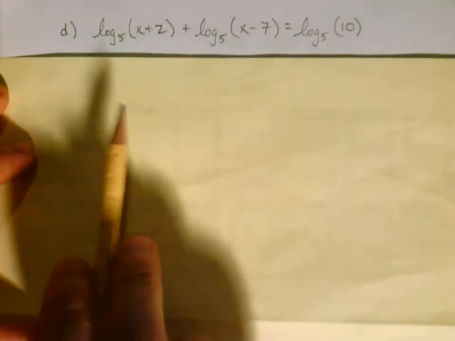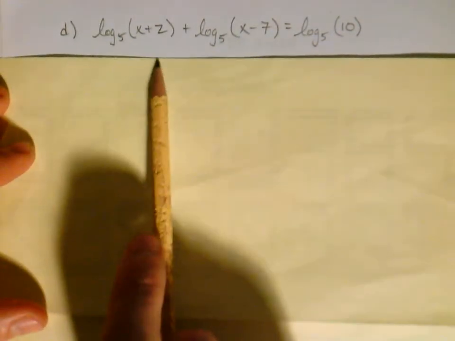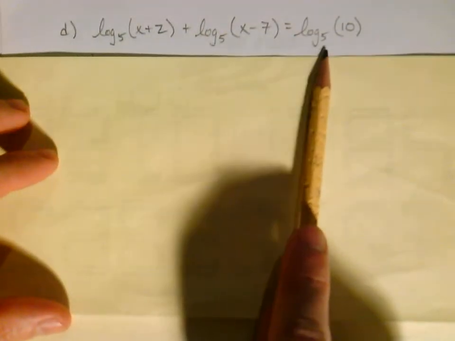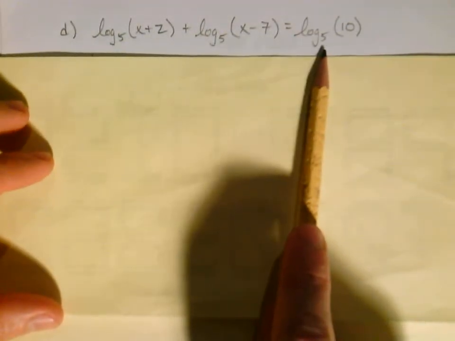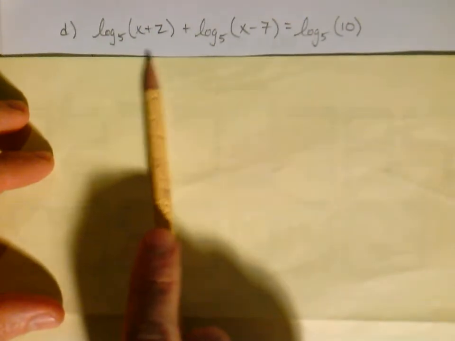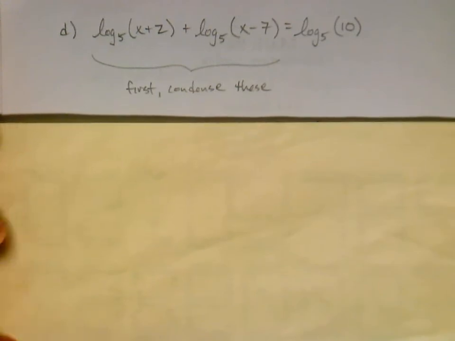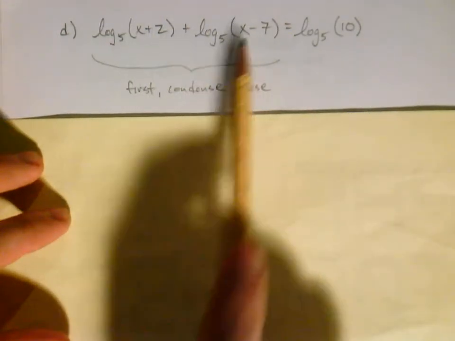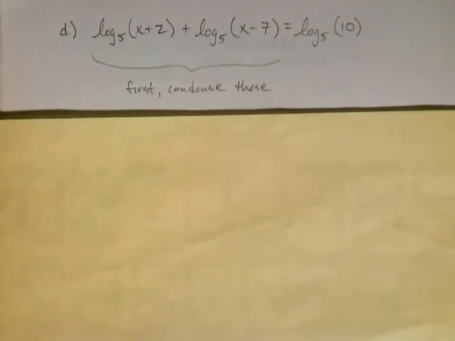Really what we need is just a single log here on both sides. So this one's good to go. We've just got a single logarithm on the right side. We want a single logarithm on the left side. So we are going to condense those 2 logs together.